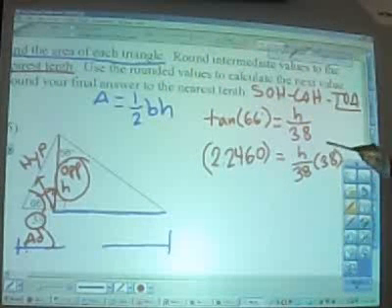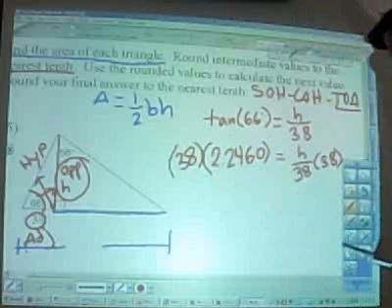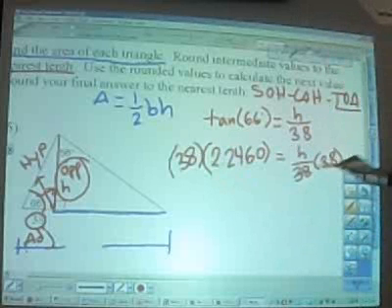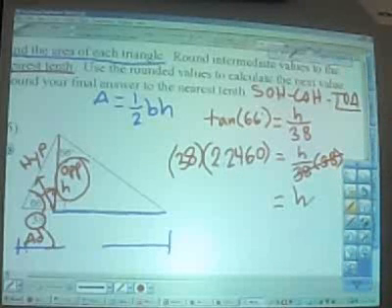So I'm multiplying this side by 38 and this side by 38, all right? And the whole point of multiplying by 38 was just to cancel that out, right? Now we know that H equals whatever I get when I multiply these two. So look, since I still have that number in my calculator, I'm just going to hit times 38. And I get 85.349.